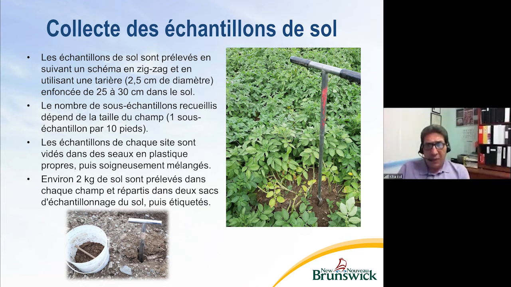And these subsamples are emptied in an empty clean plastic bucket or pail, as you see on the bottom picture. We usually take 2 kilograms from each field. We mix them really thoroughly. Half of that is used for testing for nematodes, and the other half is used for testing for verticillium.